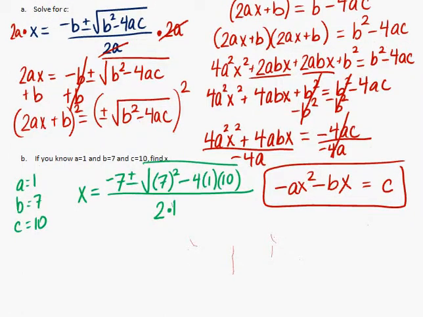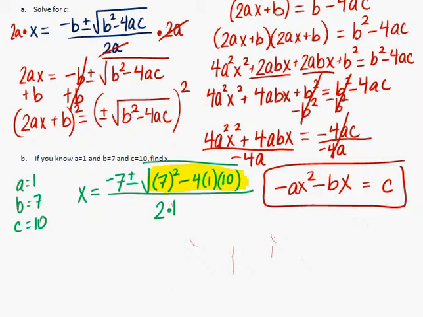What I like to do next is take the expression that's under the square root and simplify that first. I can either do that in my head or I can use a calculator, whichever you prefer. For the purposes of doing this right now, I'm just going to do this in my head. 7 squared is 49 minus, and then according to order of operations, I should multiply this first before I subtract it. 4 times 1 times 10 is 40.